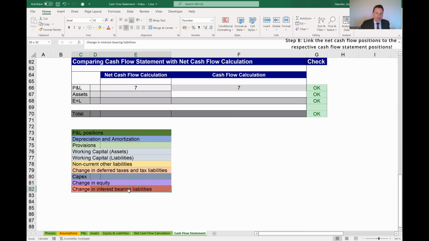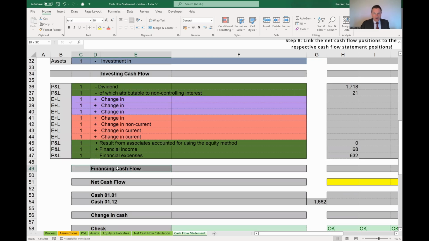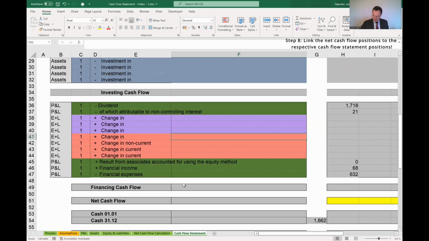Have a look, change in interest-bearing liabilities. What positions are interest-bearing liabilities? Well, financing cash flow gives me an answer, because in the financing cash flow, I know where I get my money from to invest into the respective asset position.